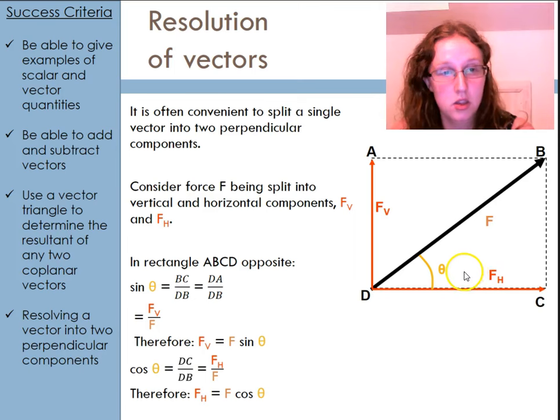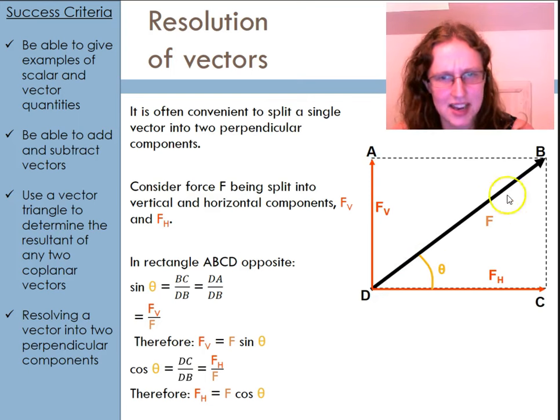So if we just look at the triangle, I can say that sine of this angle, so sine of theta, is equal to BC, so this side, divided by DB, the hypotenuse. Yeah, because sine equals opposite over hypotenuse. And that means it also equals DA over DB, because that's also the opposite, because this angle is going to be the same as this angle.